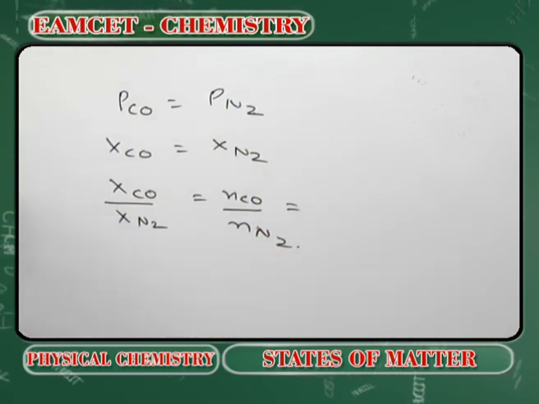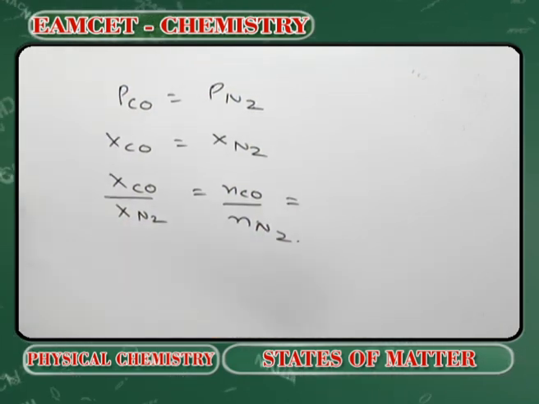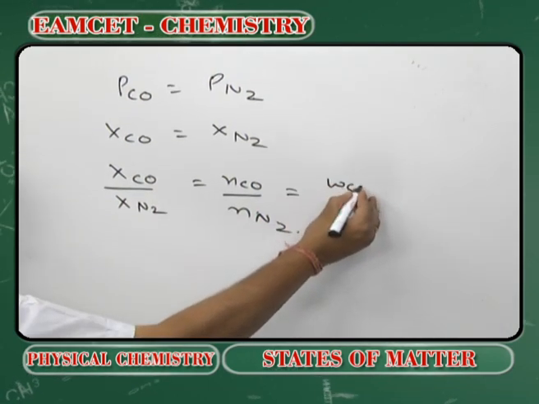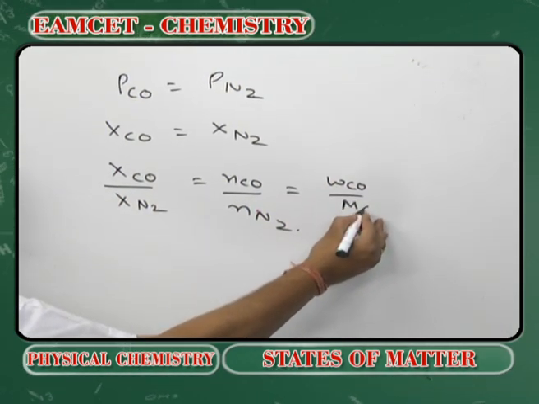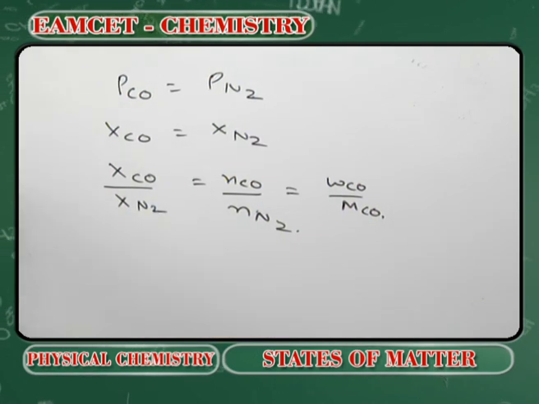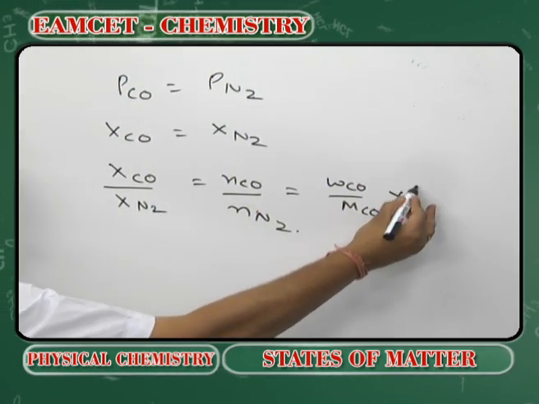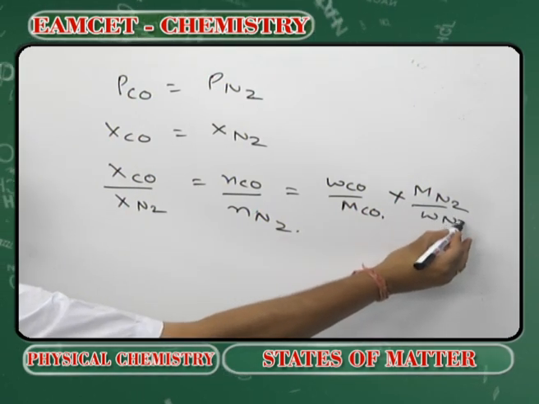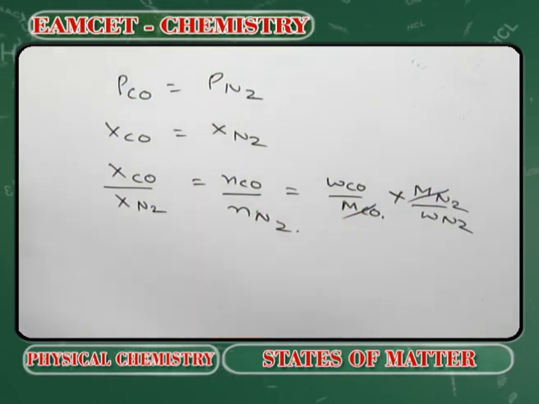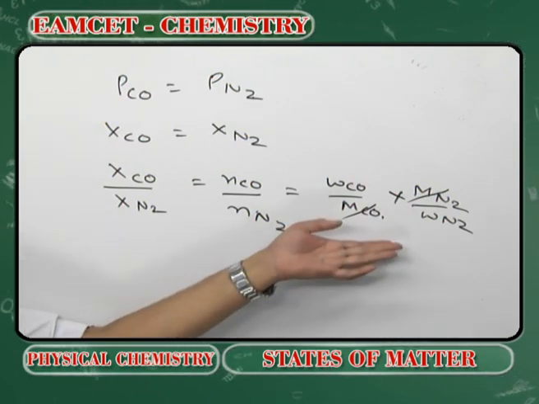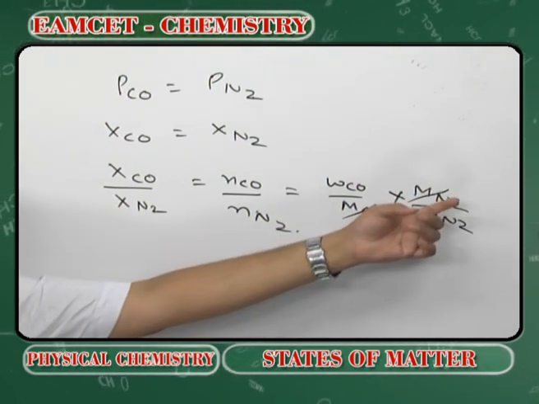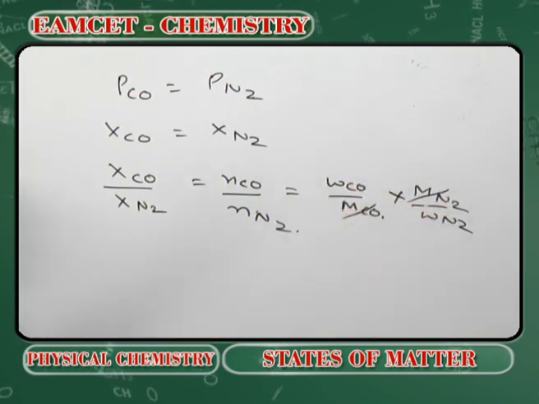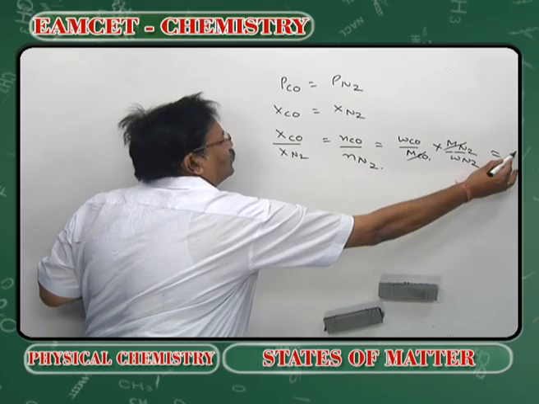So what should be the ratio? W of CO by molecular weight of CO into molecular weight of nitrogen by weight of nitrogen. These two are equal. What is the molecular weight of carbon monoxide? 28. What is the molecular weight of nitrogen? 28. So it is equal to 1.